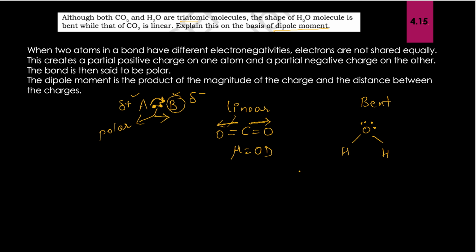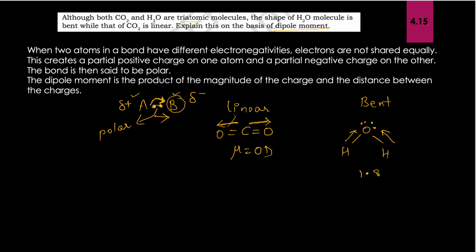as the value. Alright, now when you look at bent water, oxygen is more electronegative than hydrogen, so oxygen obviously is going to pull electrons towards itself. So when it is pulling electrons towards itself, what is happening? Here, when it is pulling, the dipole moment will have a value.